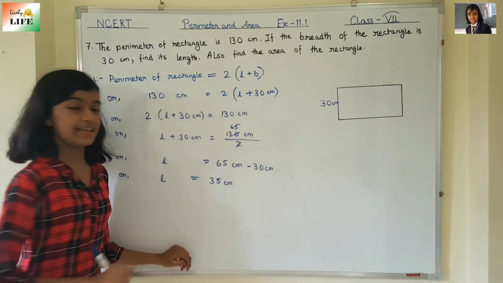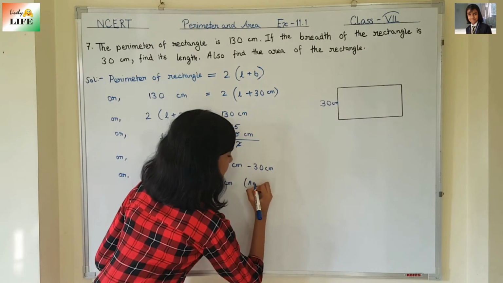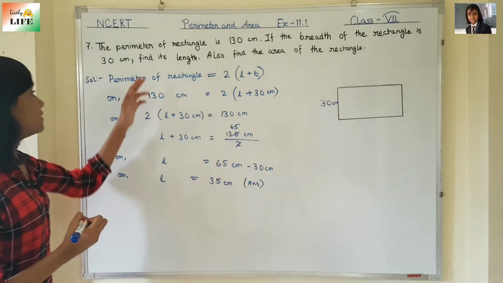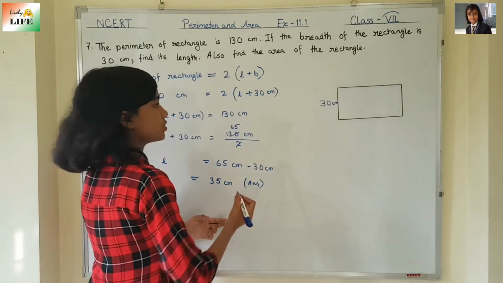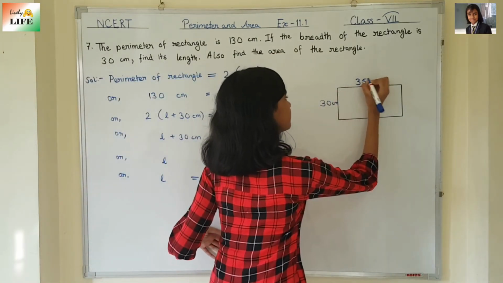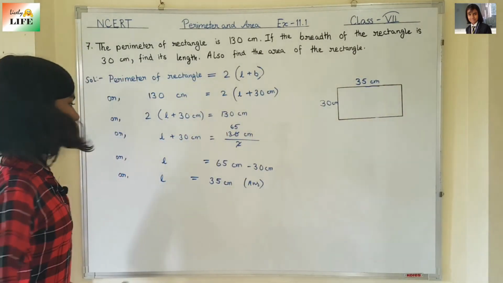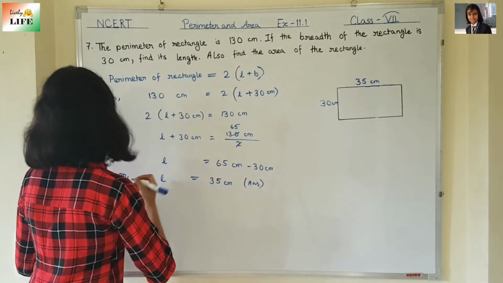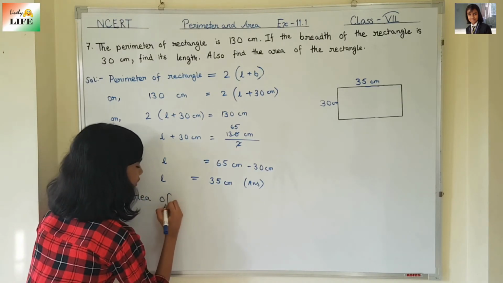So the answer is 35 centimeter. This is the length. Now we also need to find the area of this rectangle. So length is 35 centimeter. Okay, 35 centimeter. Now let's find its area. Area of rectangle.